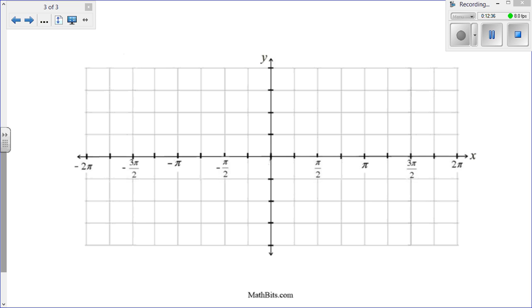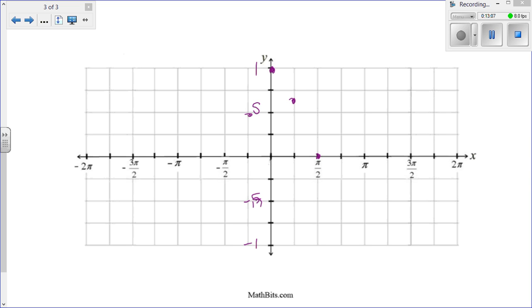Alright. So for cosine, it starts up here. 0.5, here's 1, negative 0.5, negative 1. So we start at 1, 0.7, at pi over 2 it's 0.